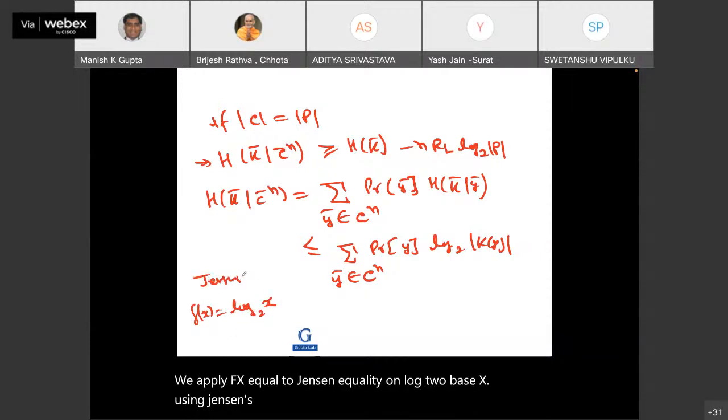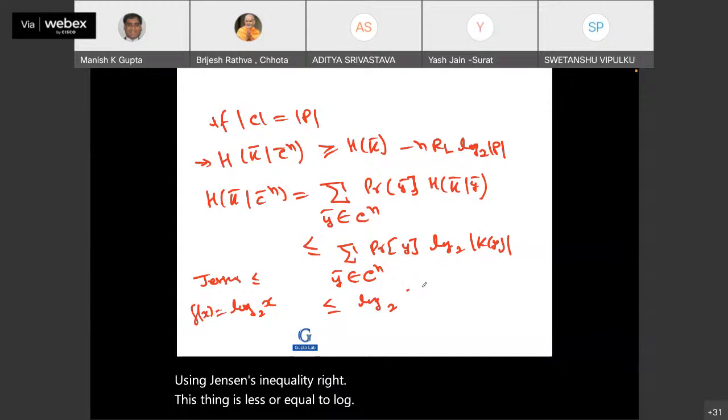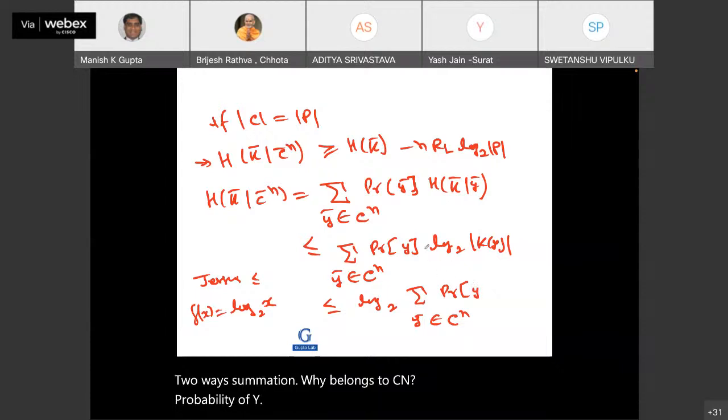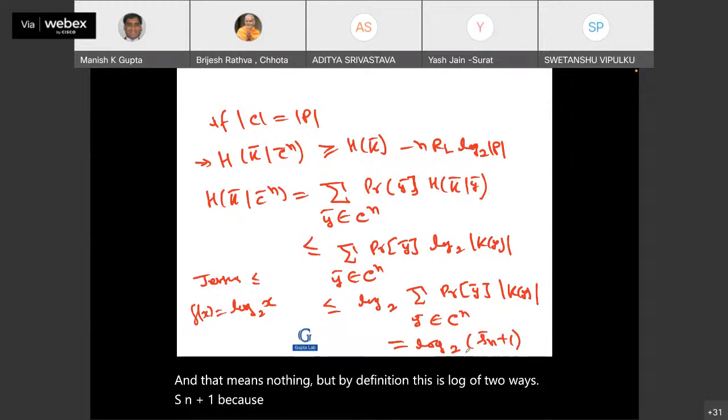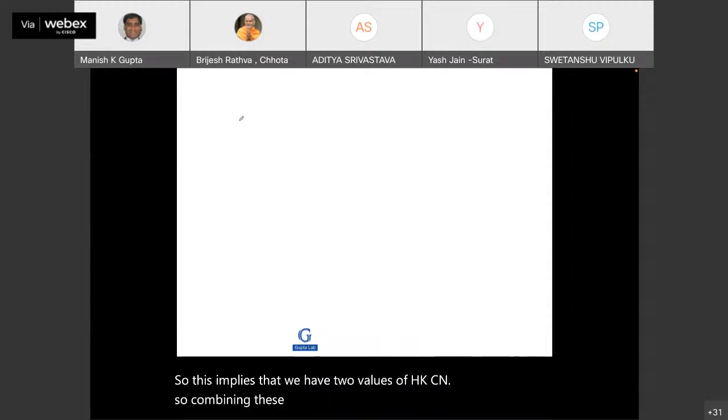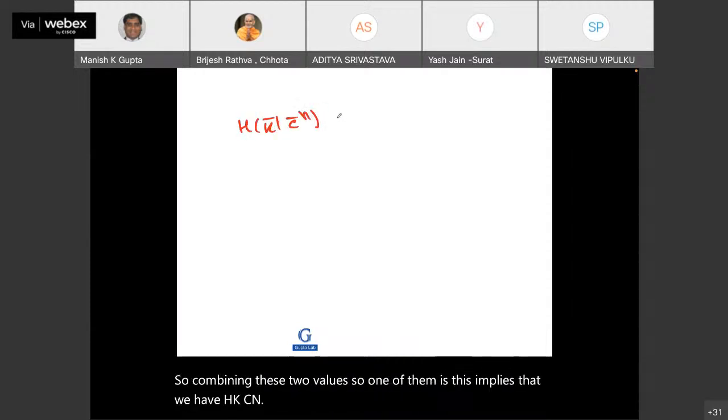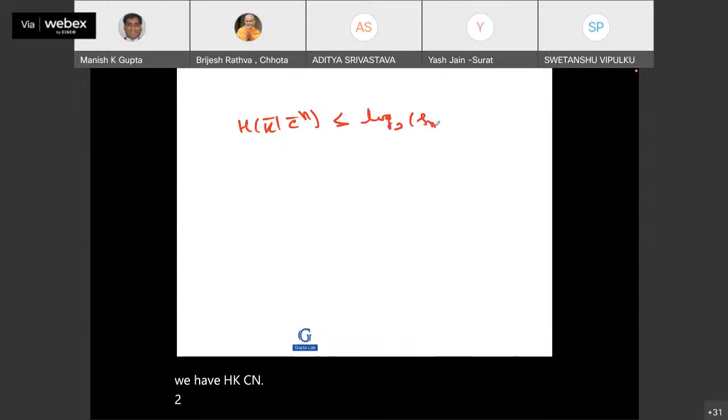This thing is less than or equal to log 2 base the summation over y belonging to Cn of the probability of y times ky, and by definition this is log 2 base Sn plus 1, because we computed the value of Sn earlier. So we have two values of H of K given Cn. H of K given Cn is at most log 2 base Sn plus 1.